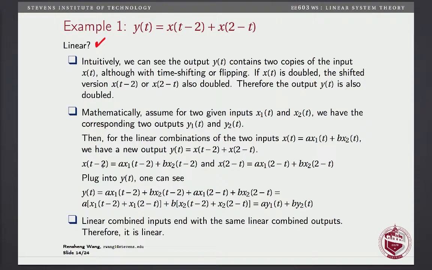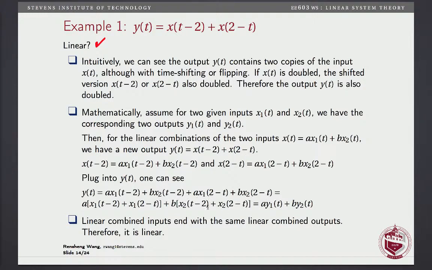So x(t minus 2) equals a x1(t minus 2) plus b x2(t minus 2). You just replace t with t minus 2 here, and you replace t with 2 minus t to get this one. We plug these two terms into y(t) and make some necessary arrangement.